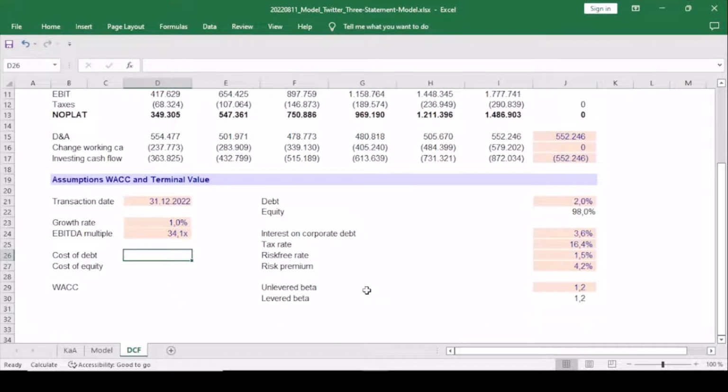So finally, we are able to calculate the weighted average cost of capital.